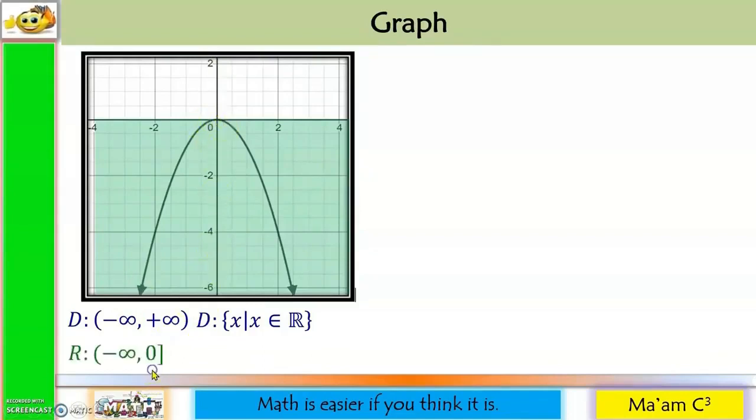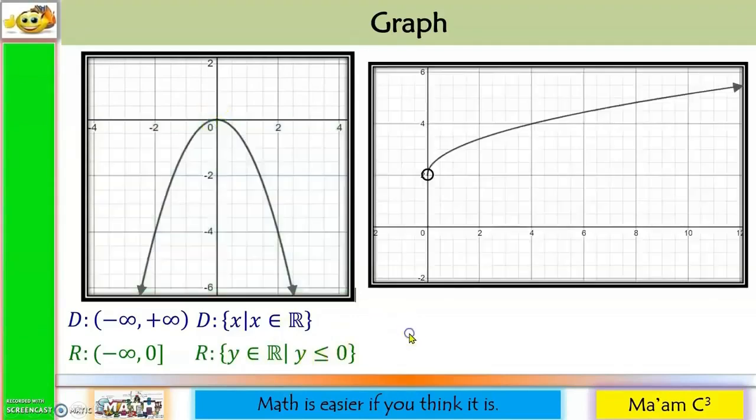So negative infinity to 0. For the set builder notation, that would be values of y that is less than 0. So y is an element of real number such that y is less than or equal to 0. There is or equal because this is not open. So that is included.